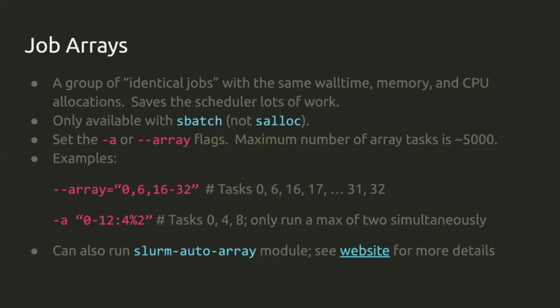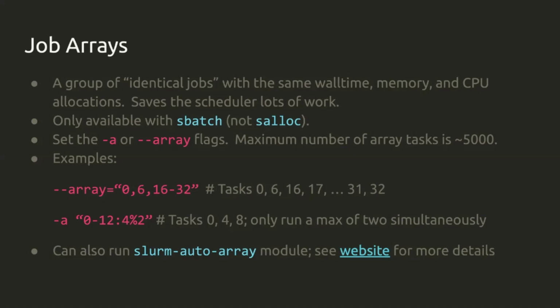And so I'm going to be firing off a lot of jobs that look the same. They're going to have the same memory requirements, the same wall time, and the same CPU allocations. What we can do in this case is actually save Slurm a lot of work. We can set this up as a job array, and Slurm will be able to reuse a lot of the computations to schedule you.